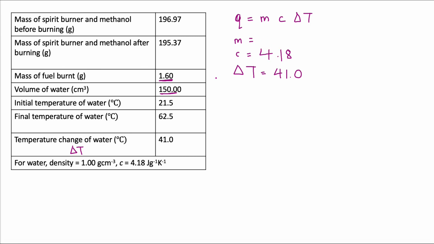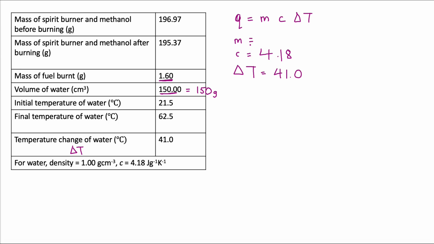And the mass, now this is very important because we've actually got two things we can possibly have the mass for. We worked out the mass of fuel burnt. The volume of water is 150 centimeters cubed. We've been told that the density is 1 gram per centimeter cubed. So that tells us that 1 centimeter cubed equals 1 gram, so this over here equals 150 grams of water. So we've got two masses here. It's very important to use the correct mass.